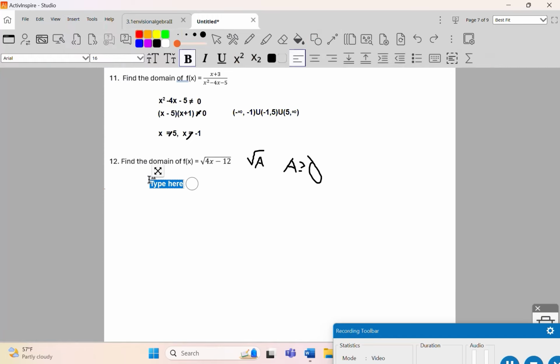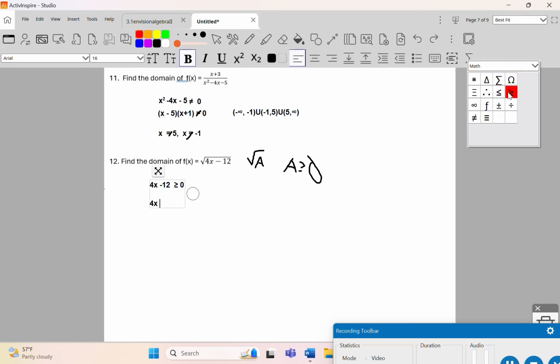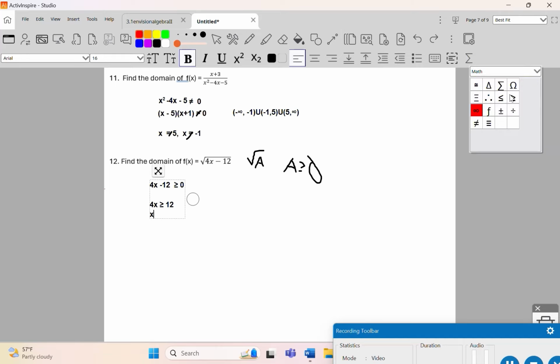So 4x minus 12 has to be greater than or equal to 0. Add 12 to both sides. 4x is greater than or equal to 12. Divide by 4, and x is greater than or equal to 3. Ta-da!